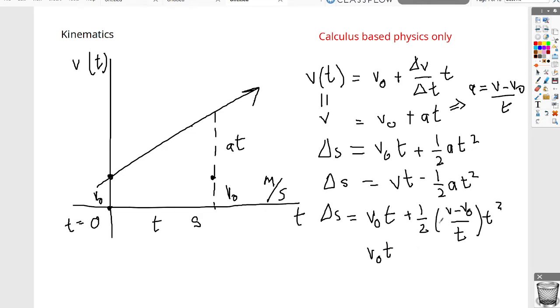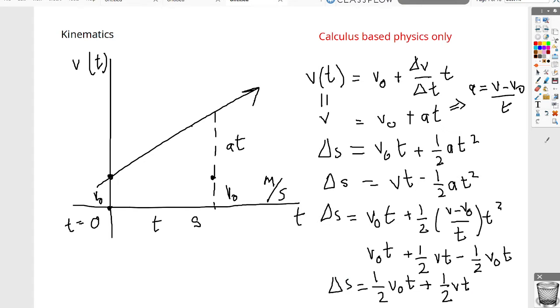So I'm just gonna skip a little bit. 1/2 V T minus 1/2 V naught T. So we have 1 V naught T minus 1/2 V naught T. What we'll get is 1/2 V naught T plus 1/2 VT is equal to delta S. And that is the fourth kinematics equation. And I will write that simpler. Oh gosh, I need to charge my computer.